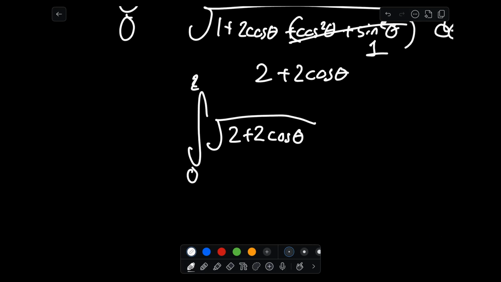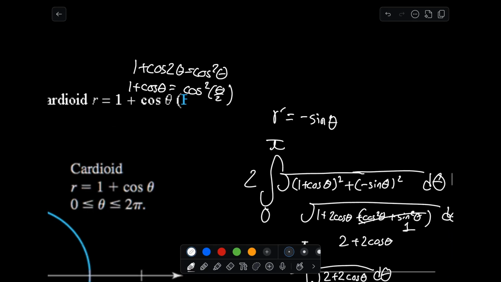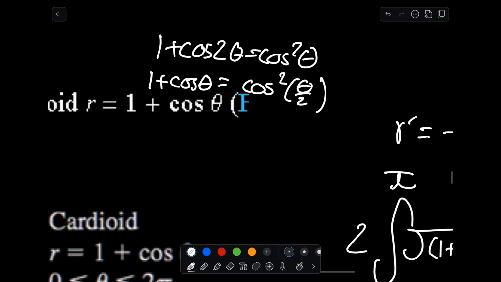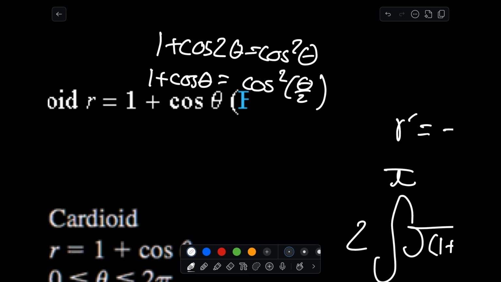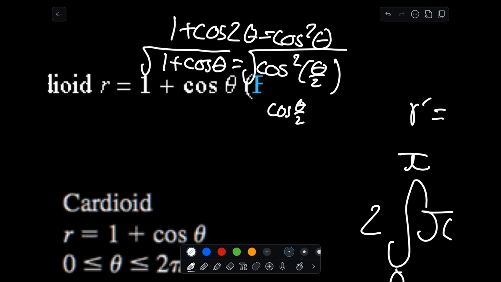0 to 2 pi, not 0 to 2 pi, excuse me. We said 0 to pi, to make my life and your life easier. This will just become this, but since it's going to be times 2, take the square root of this, it's going to be cosine of theta over 2, right?